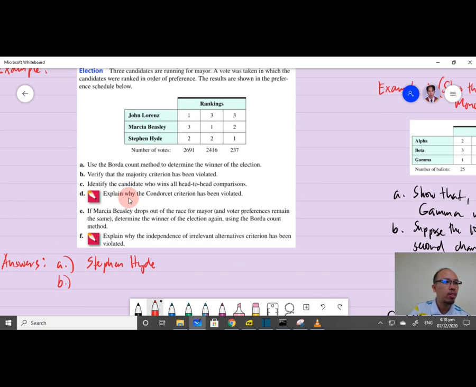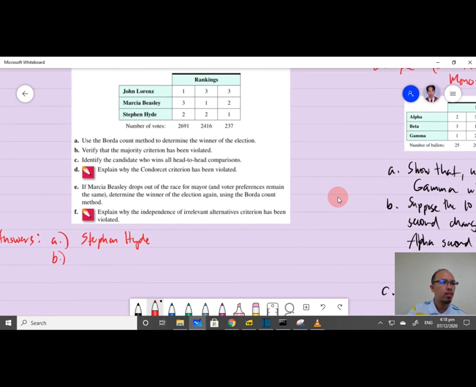Okay, so get the first place votes. So let's have here, let's say, John Lawrence, Marcia Besley, and Stephen Hyde. Okay, let's make a shortcut here. We have rankings.